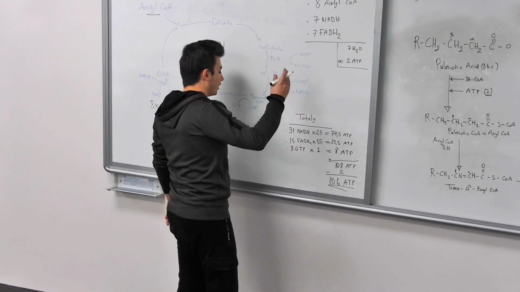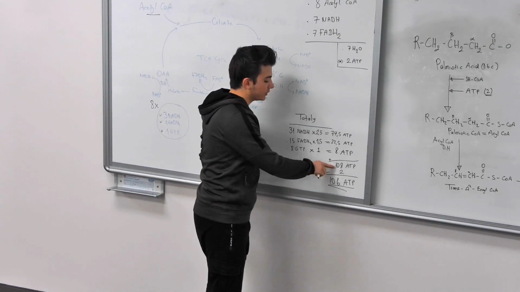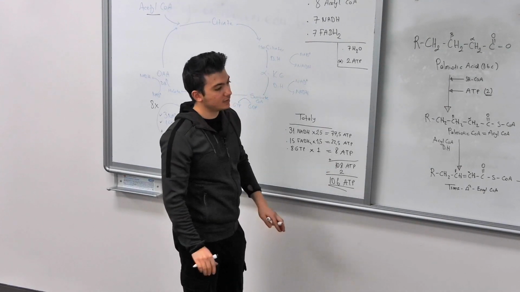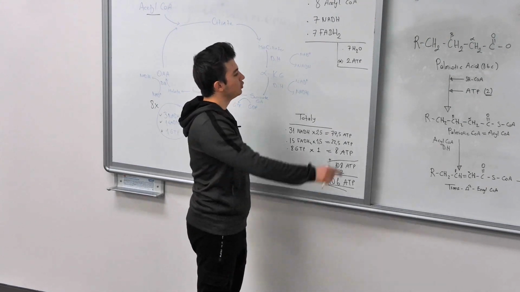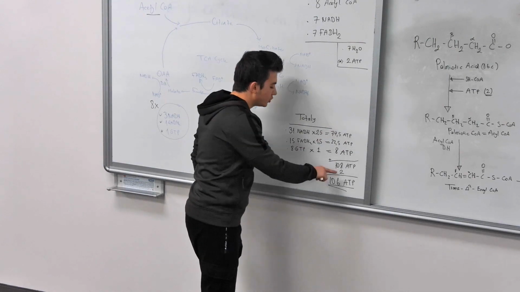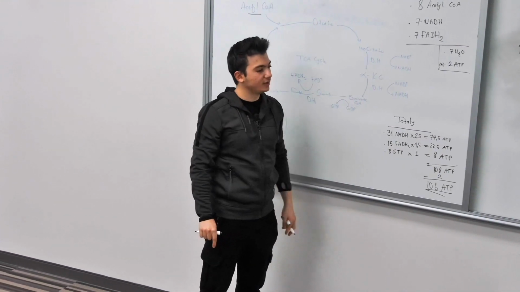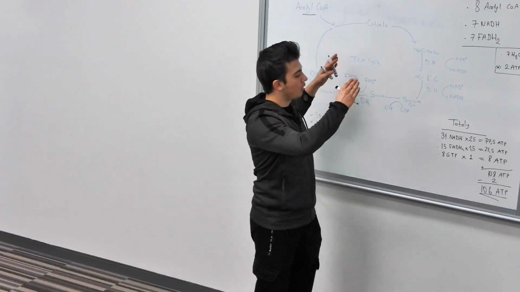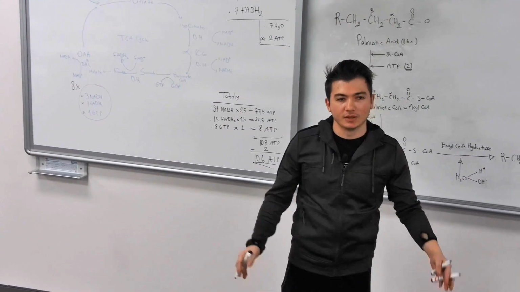I can add them together, and there are 108 ATP. But that is not the net ATP that I generated, because I used 2 ATP in the beginning. So minus 2 is the net ATP. That is 106 ATP that I generated from all of this process, beta oxidation and the TCA cycle. Thank you for listening to me.